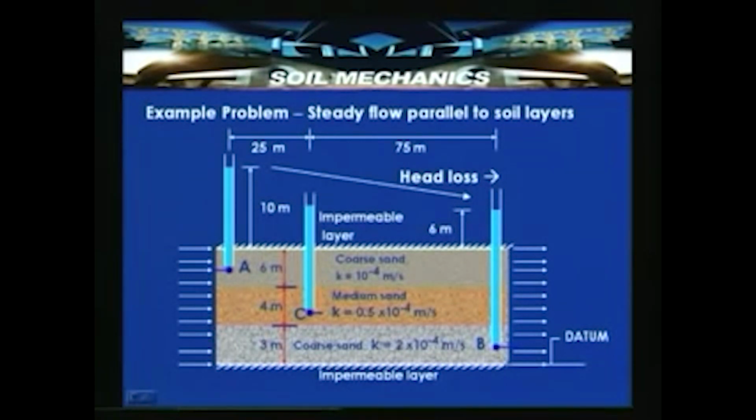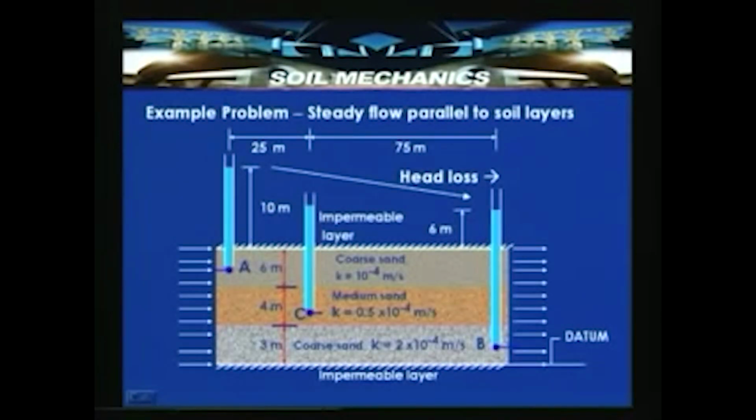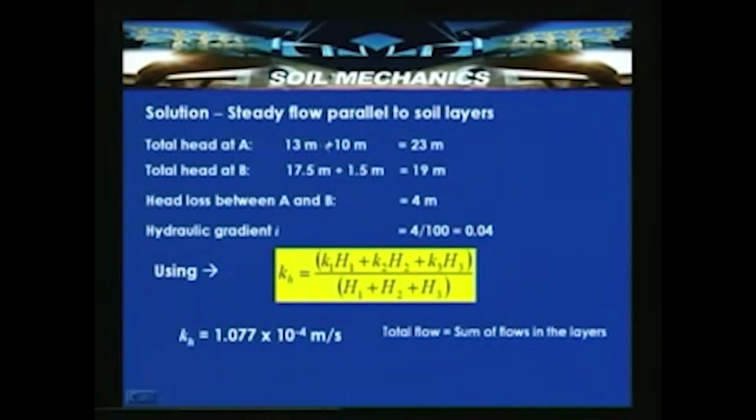Now let us look into how the solution runs. Having selected the datum at the bottom impermeable layer, we compute the total head at A, which, looking at the previous slide, is 7 meters plus 13 meters, the total thickness of this layer. The total head, elevation head plus pressure head, is around 23 meters.